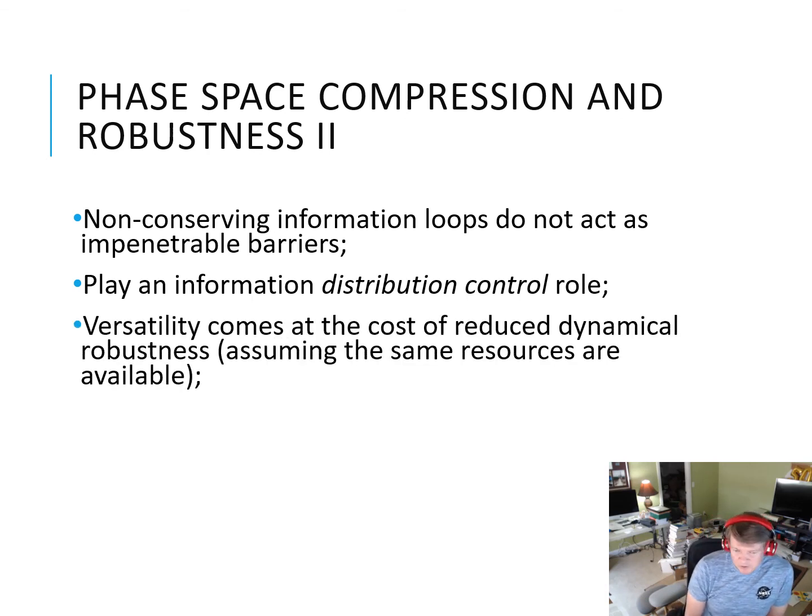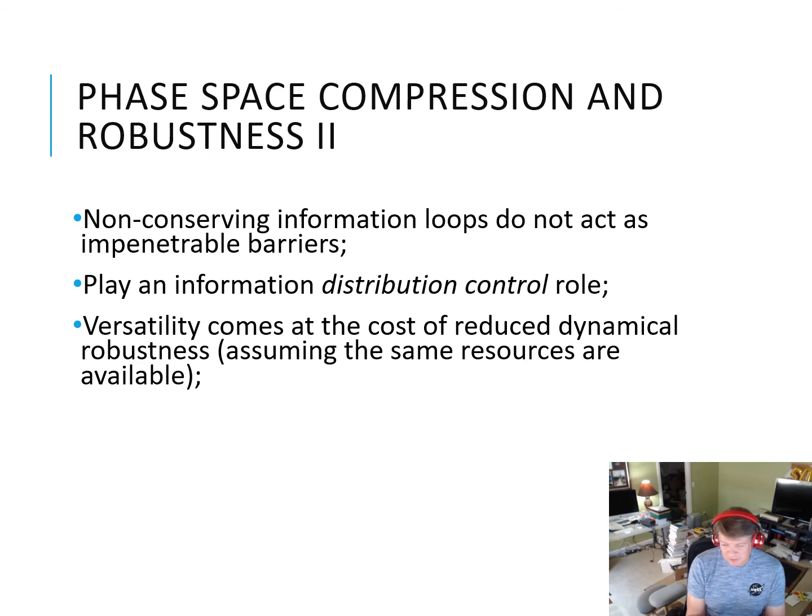So versatility comes at the cost of reduced dynamical robustness. So what we're kind of saying here is if we focus for a moment on the functionally equivalent dynamic core, it's going to be much easier for us to change the qualitative behavior of that system, i.e. nudge it into a different attractor.